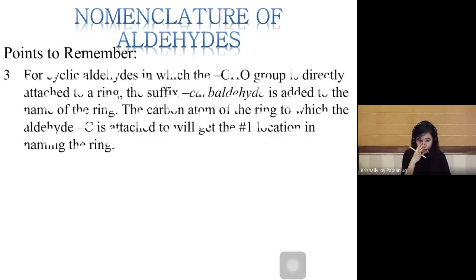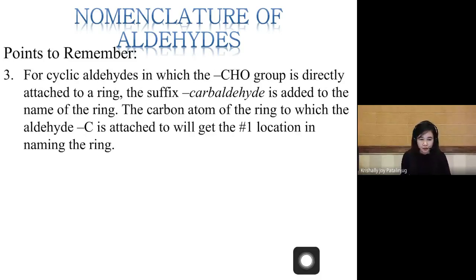Let us proceed to the cyclic aldehydes. These are aldehydes too, because you can see a carbon double bond to O, then hydrogen. In a cyclic aldehyde, the carbonyl carbon, the aldehyde carbon, is directly attached to a ring.